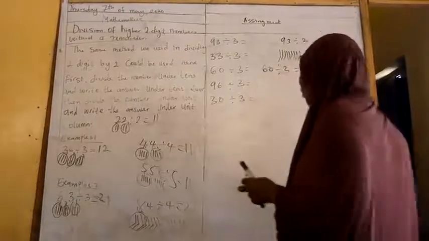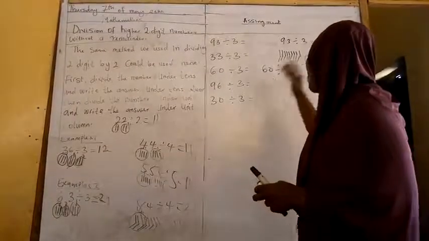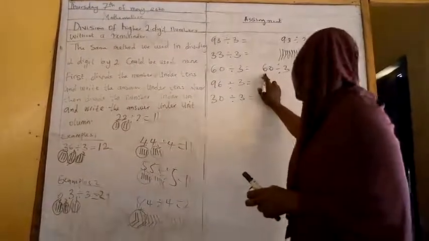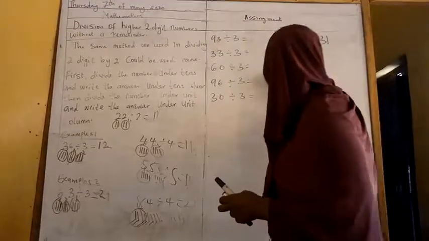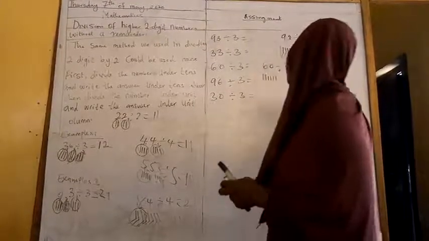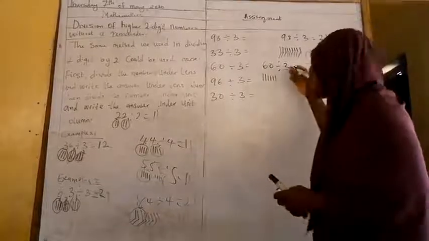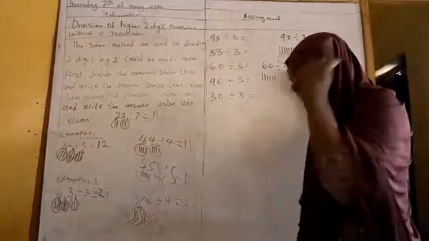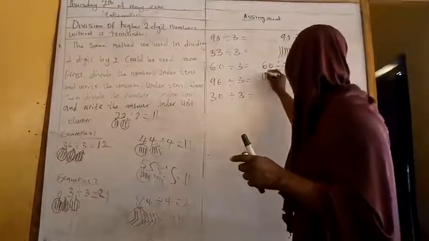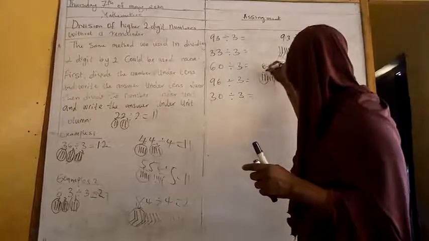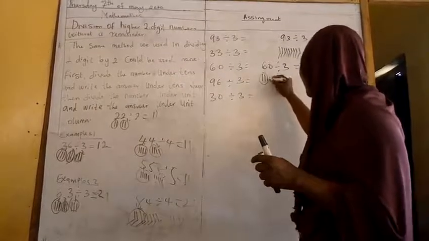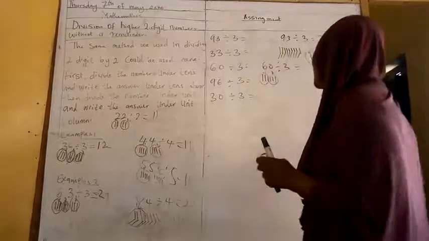So you write your equal to sign. Can you see it very well? This is figure 6. And you count your 6: 1, 2, 3, 4, 5, 6. And you will start it with what? Don't forget we are dealing with 3. 1, 2, 3. You ring it. 1, 2, 3. You ring 2. Can you see it right?